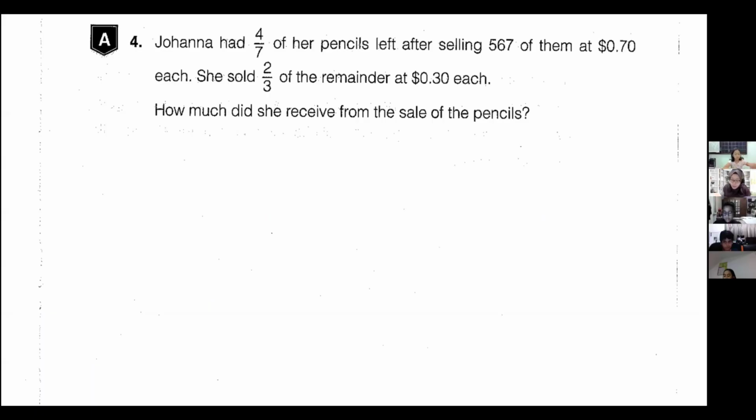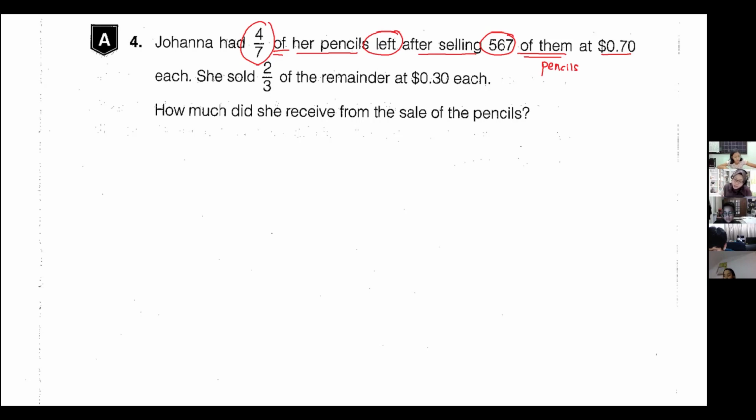For this question, this is actually a remainder concept. So we're going to use the remainder concept model. And also there's a total value included in this question because you see money included. All right. So if you can see the first line, Joanna had 4/7 of her pencils left after selling 567 of them here refers to the pencils at 70 cents each.